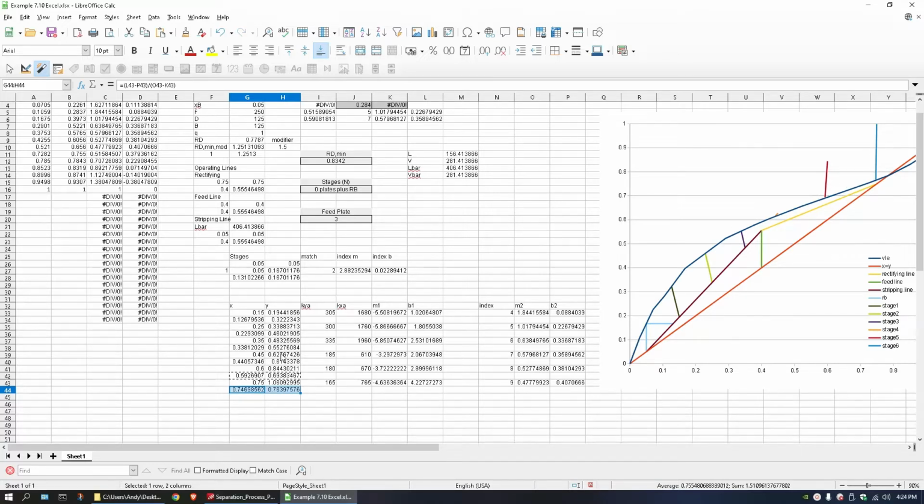And then the other problem is that this is for the stripping line, which we're not going to use. We're going to do it for the rectifying line. So we can copy this over. If you remember before, it's y equals mx plus b.